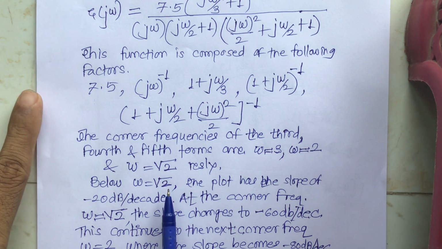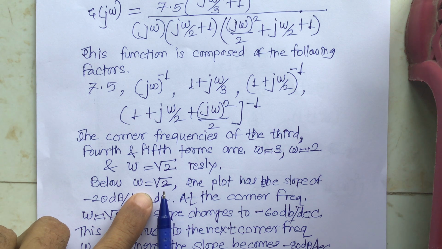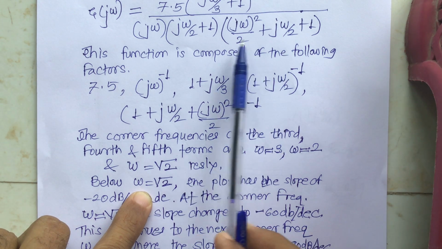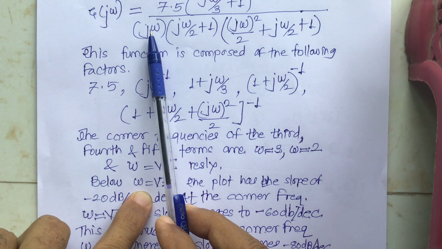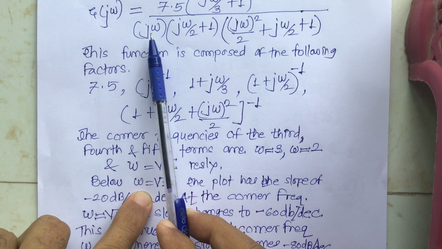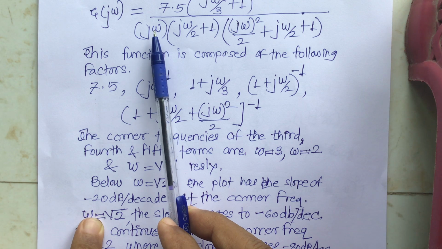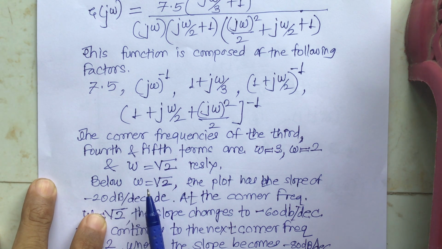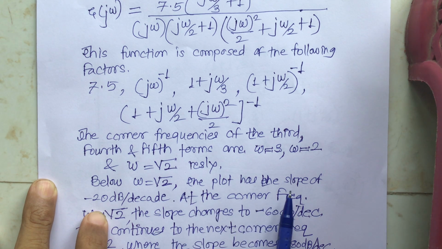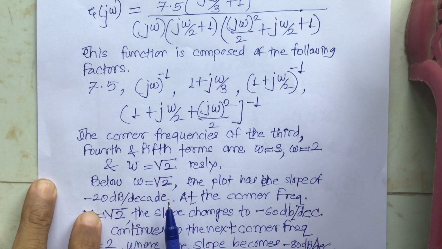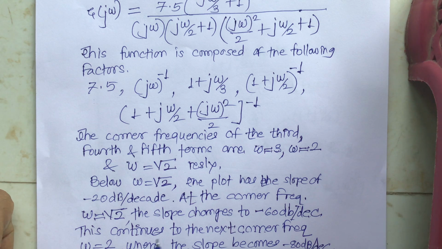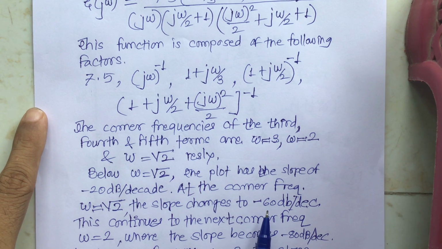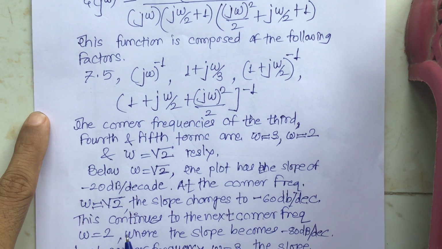Before this there is one pole at the origin, having a slope of minus 20 dB per decade. That is the reason below omega equal to root 2, the plot has a slope of minus 20 dB per decade. At the corner frequency omega equal to root 2, the slope changes to minus 60 dB per decade.